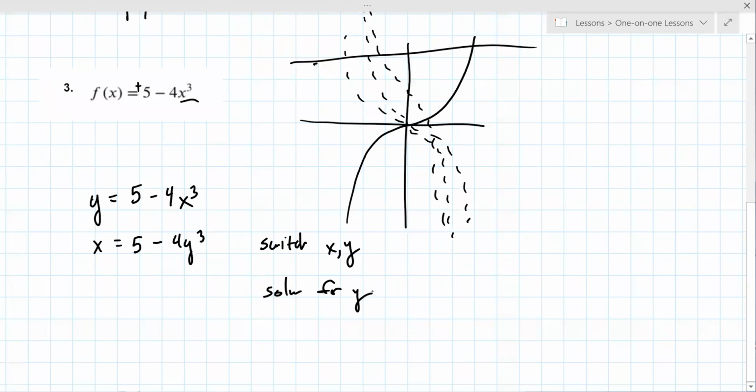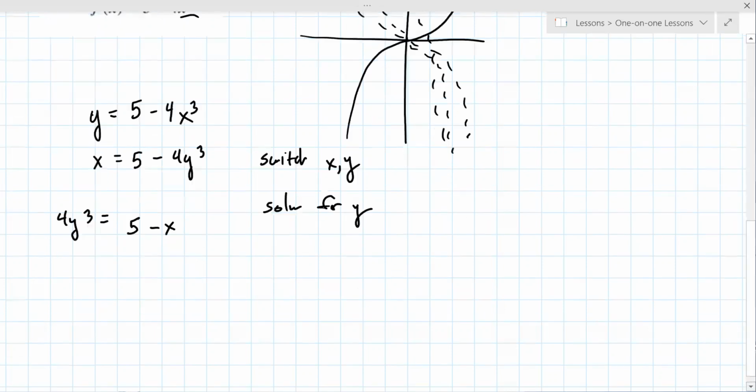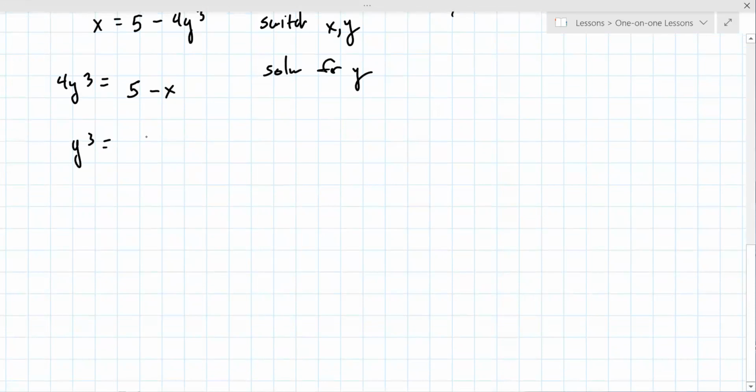But for example, here we move the 4y cubed over. So you subtract x, you add that. Okay, and then you divide by 4. So you have y cubed equals 5 minus x divided by 4.